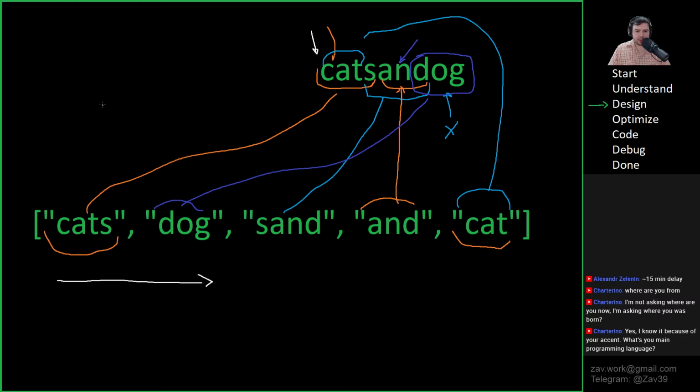So let D be the count of letters in our dictionary. Let L be the length of the one word that has the longest length. And N will be the count of symbols in our original string.